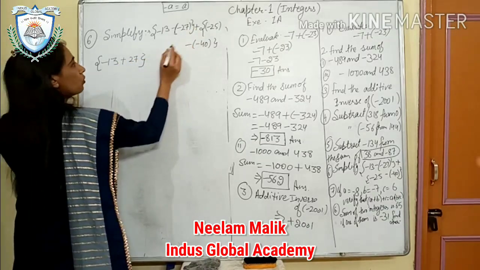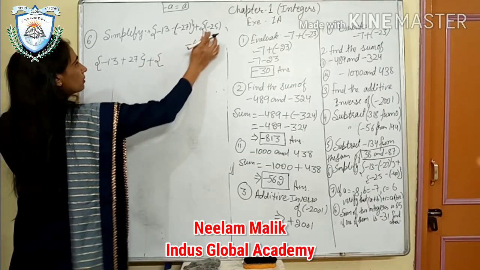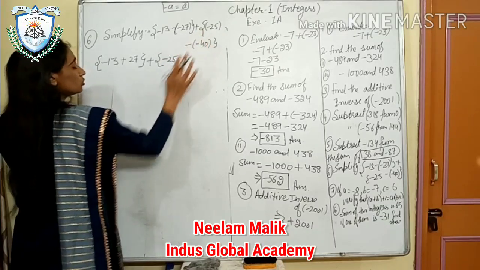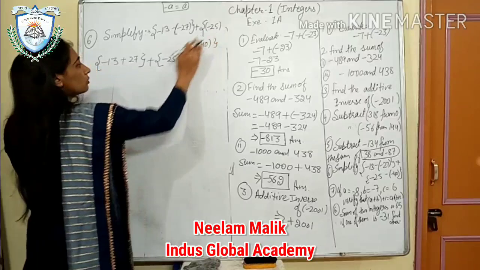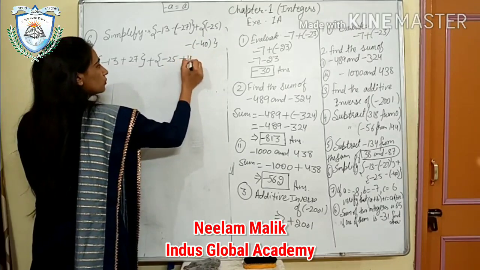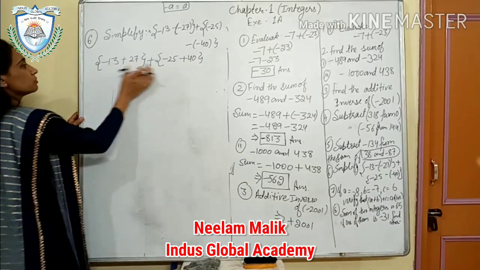Now the plus sign as it is and the big bracket starts. Minus 25 means minus 25 because outside there is no sign, and no sign means plus, so the sign outside will be negative. And now minus will be plus 40. Now solve what is given within these brackets.